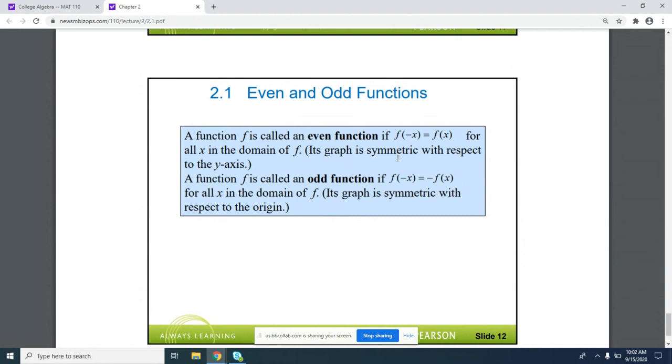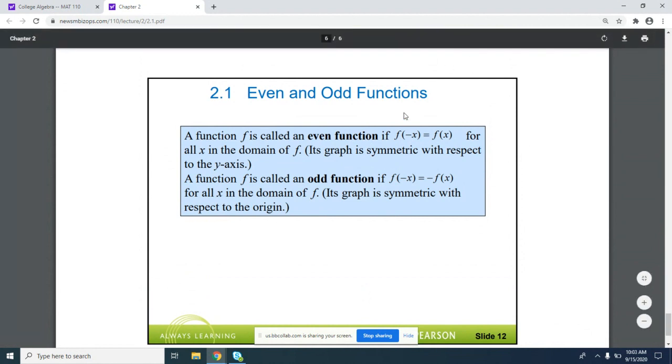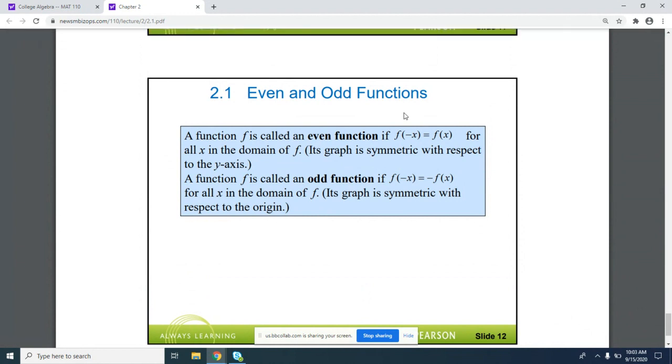An even function is symmetric with respect to the y-axis. A function is symmetric with respect to the y-axis if you fold the graph about the y-axis and the graph overlaps itself, then you have what's called an even function.